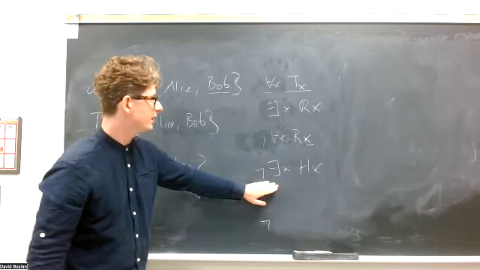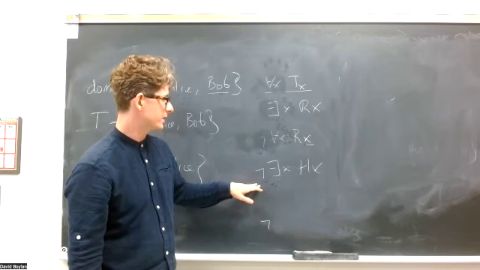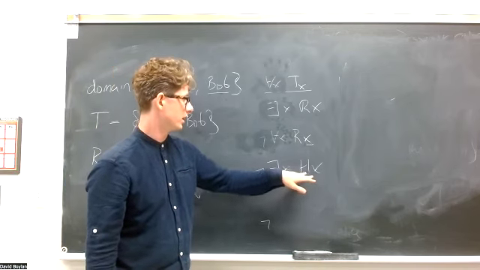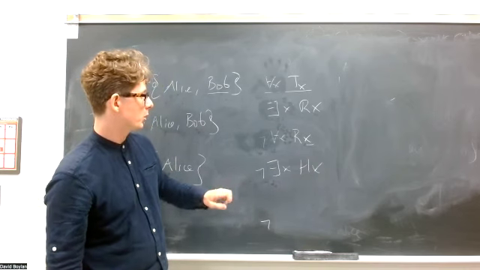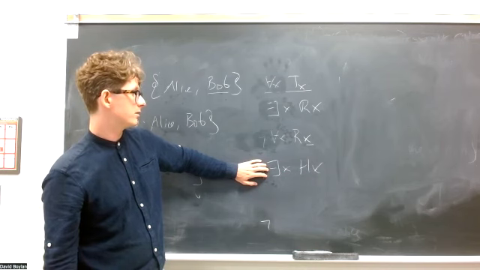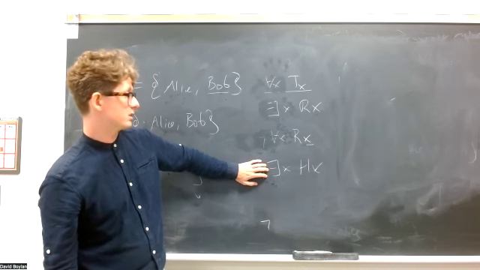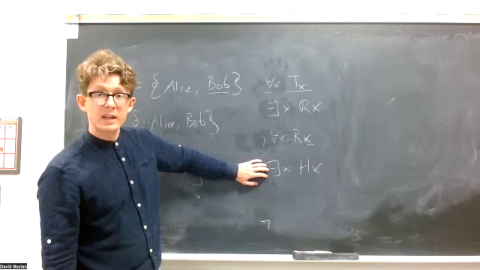Okay, let's finally think about the existential sentence. It's saying it's not the case that there's some x such that h of x. And again, if we want to know whether that's true, we just want to think about, is this false? Is it false that there's some x such that h of x? Now, what does that say by itself?